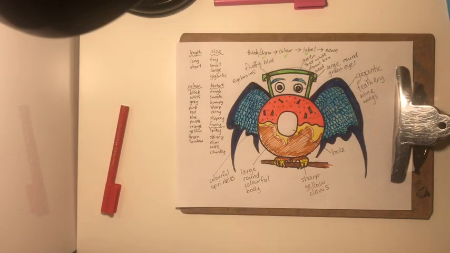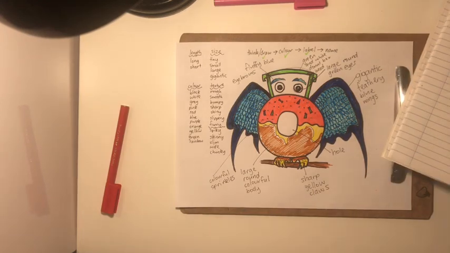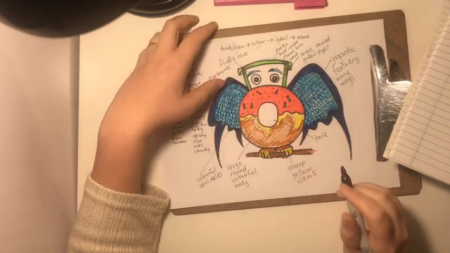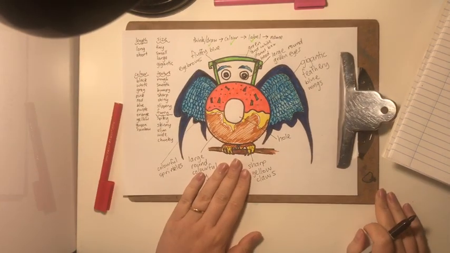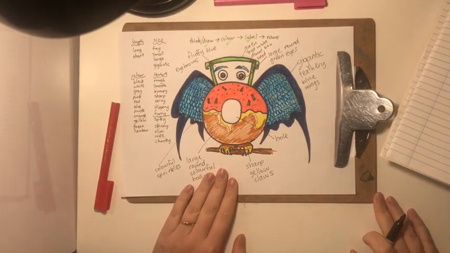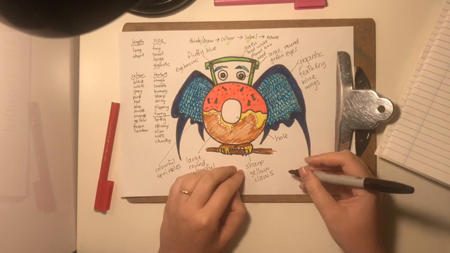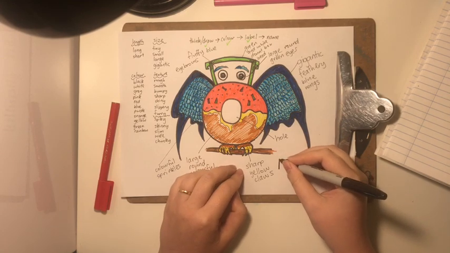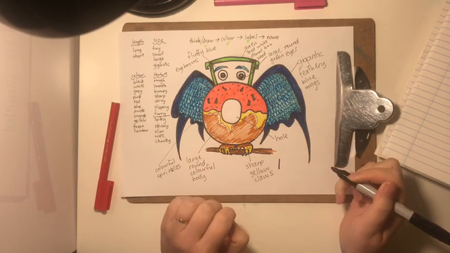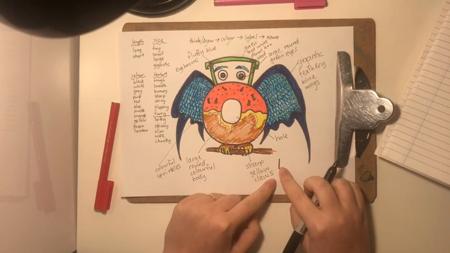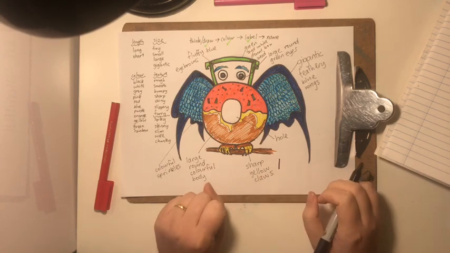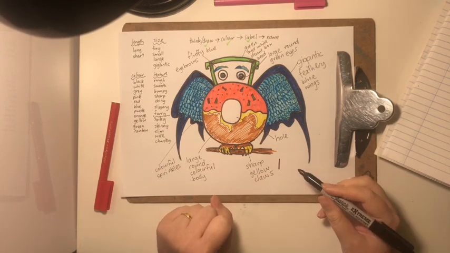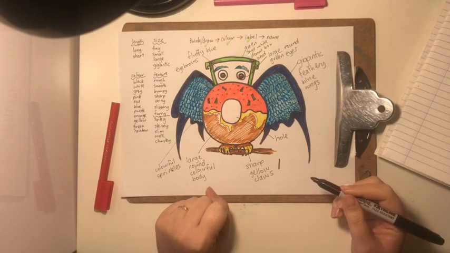Ooh, I haven't left myself a lot of space here, so I'm going to have to be careful with how I do it. Or maybe I might just have to put it down in a different corner. That might work. So I'm going to call it now. I'm just thinking. It's a common noun, so it should have lowercase letters.